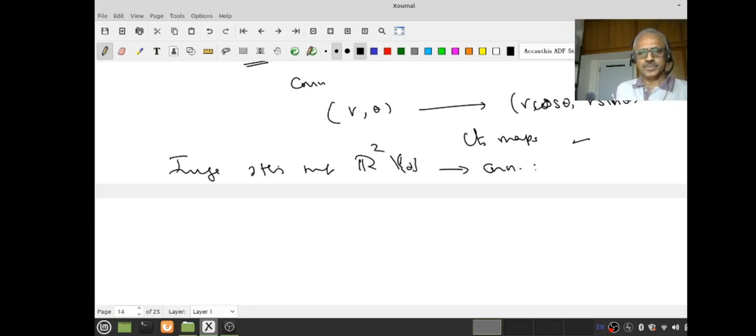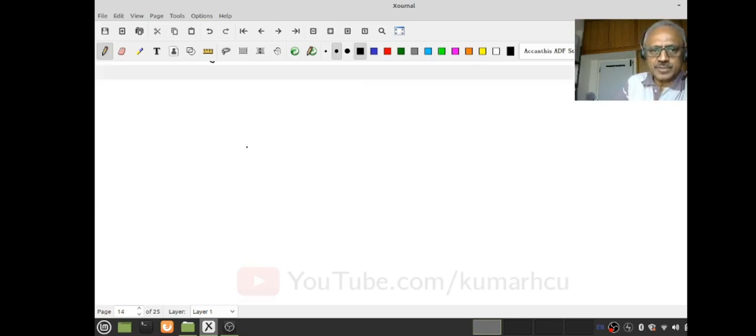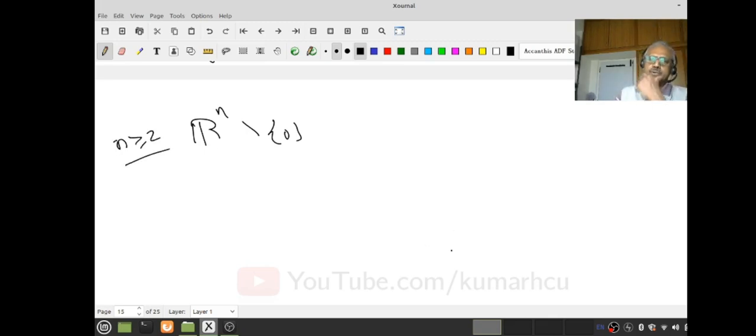Okay, that's a proof. Now I want to generalize this argument to Rn minus 0, where n is greater than or equal to 2. So how do I do that? Let's start with any vector x in Rn minus 0, right?